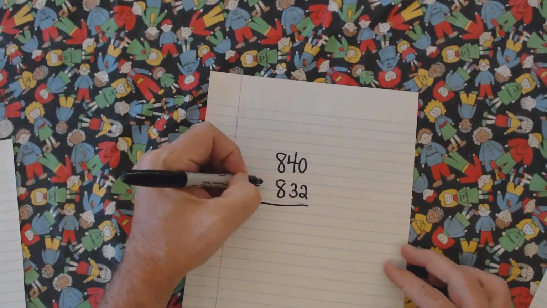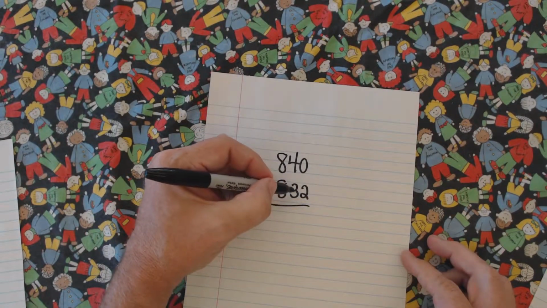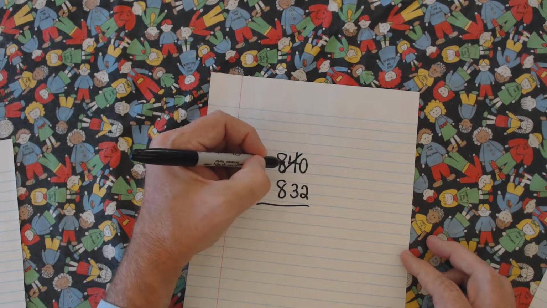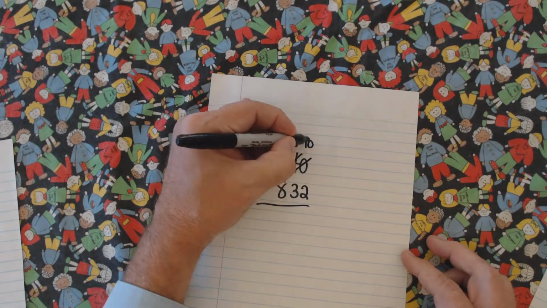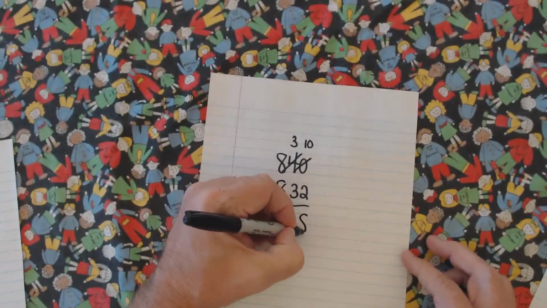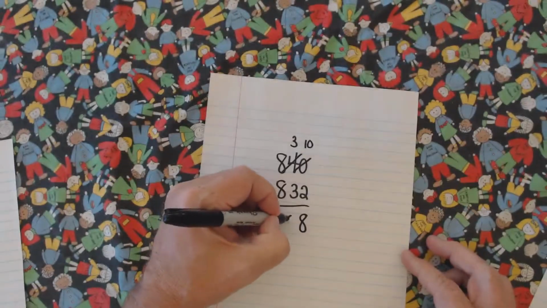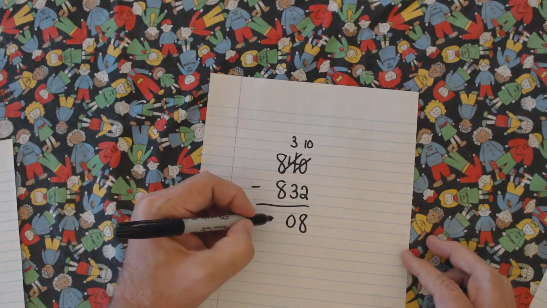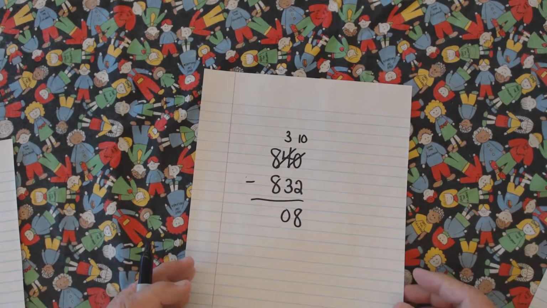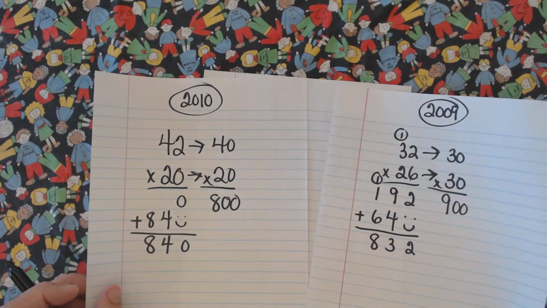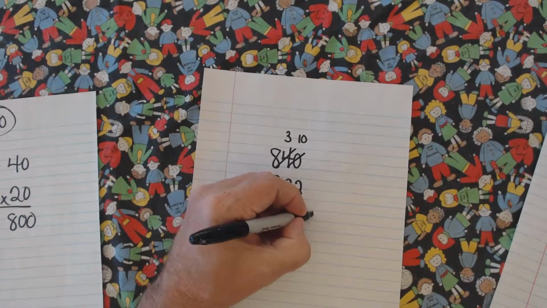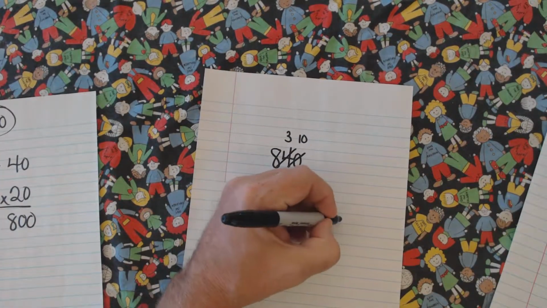And we'll do 0 minus 2 cannot be done. We borrow from the 4. He becomes a 3. The 0 becomes a 10. 10 minus 2 is 8. 3 minus 3 is 0. 8 minus 8 is 0. So how many more were counted in 2010 than in 2009? 8 bald eagles.